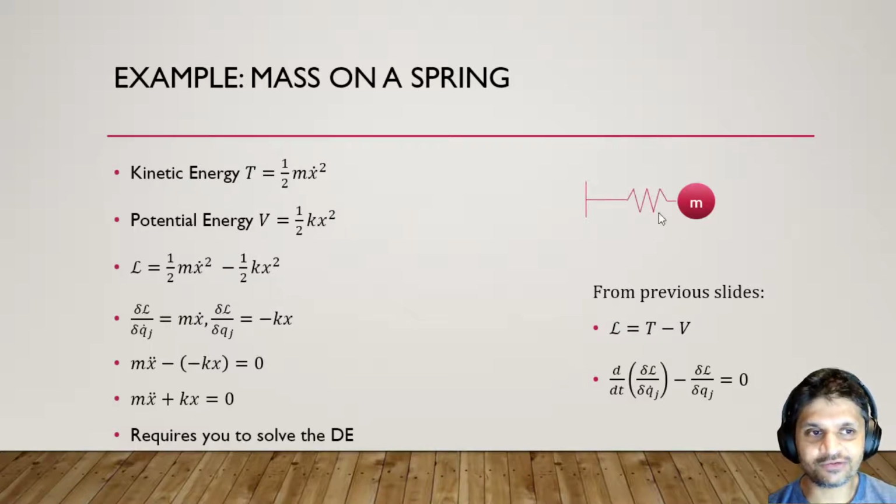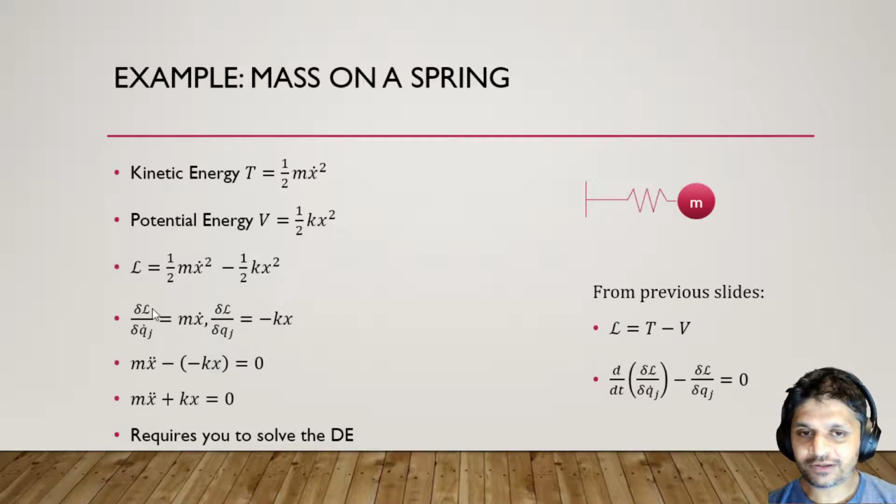So it depends on the spring. We're going to leave it as k for now, or forever, I guess. So V equals half kx squared. That's the potential energy of a spring, and again, it's not a result we're going to bother with. It's just known. So the Lagrangian is half m x dot squared minus half kx squared, right? It's just T minus V.